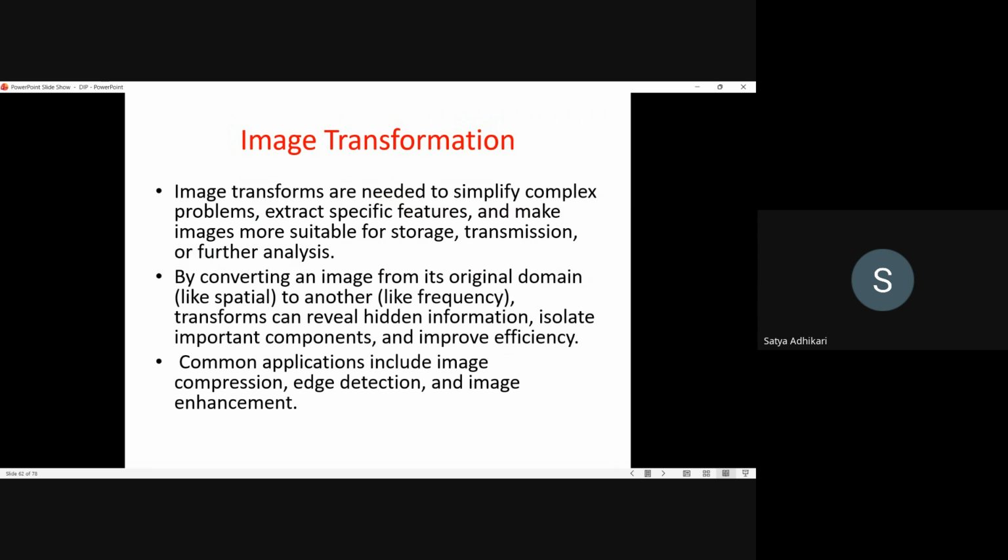Common applications include image compression, edge detection, and image enhancement. Once the image is transformed from the spatial domain to the frequency domain, you can perform such operations; in the frequency domain it is easier.